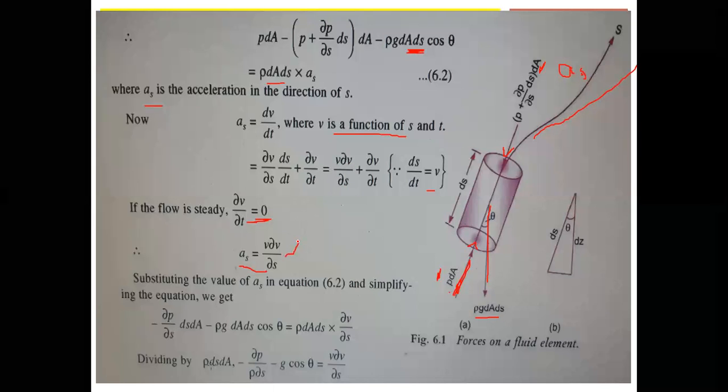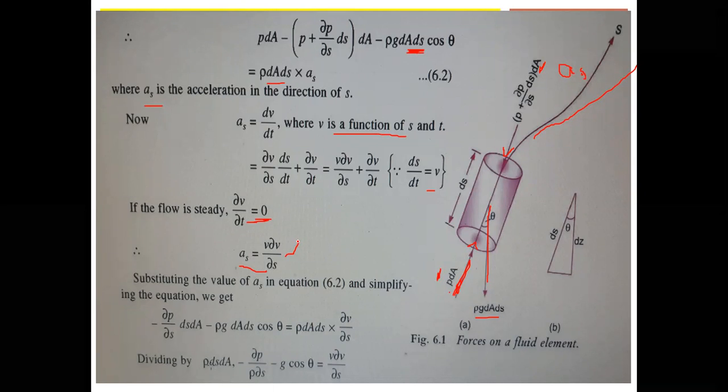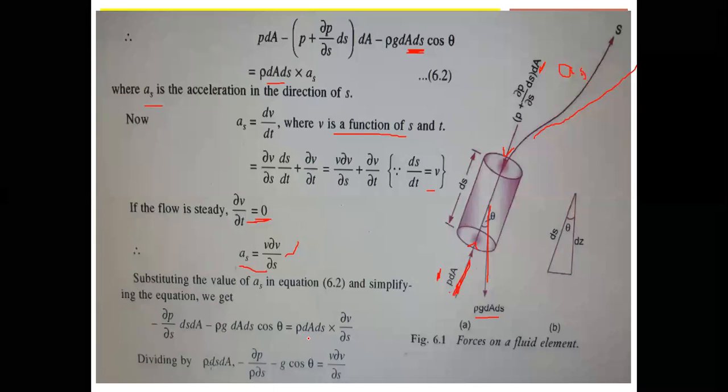Now substituting the value of a_s in equation 6.2 and simplifying, we get minus dou p by dou s ds into dA, minus rho g dA ds cos theta, is equal to rho dA ds into v dou v by dou s.